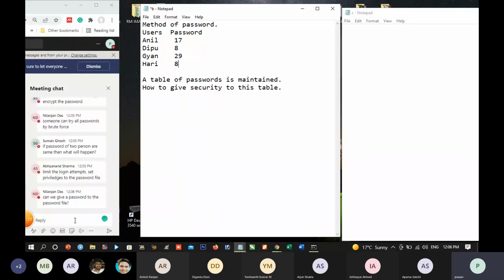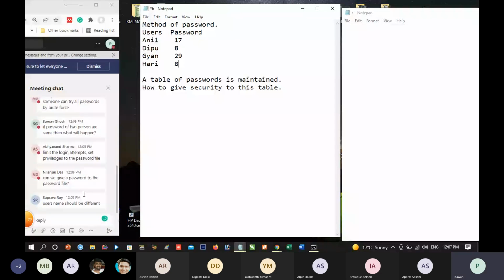My problem is, yes, we can give a password to a password file, you are fully correct. But where will that password be stored by the operating system? That will also be a problem. Niranjan, we can give the password to the password file also. But to store that file, the operating system will store it on the disk only.